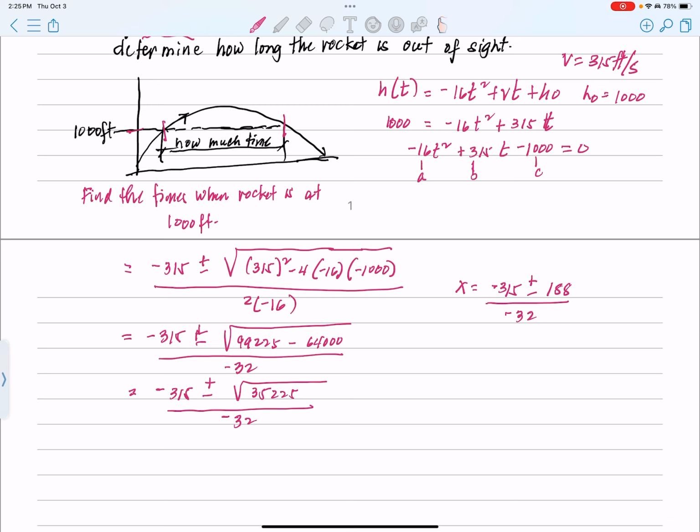So I'm going to do the plus first. Negative 315 plus 188 divided by negative 32. That is giving you negative 127 over negative 32, which gives you 3.97.